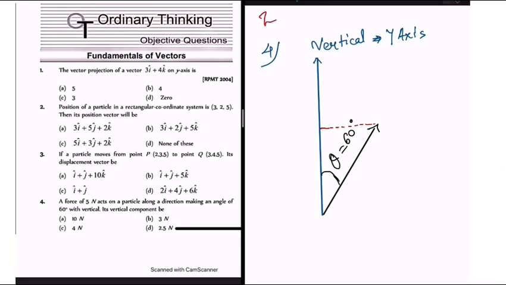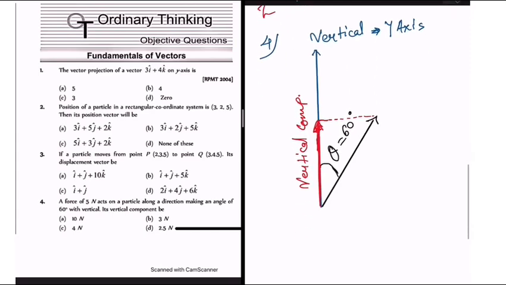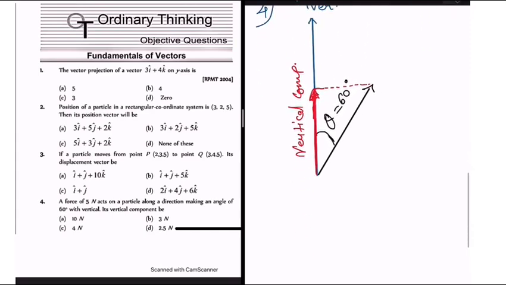Now the projection of this vector on the y-axis is the adjacent component. So now what you need to find is the vertical component. This is the vertical component, and this is the horizontal component.